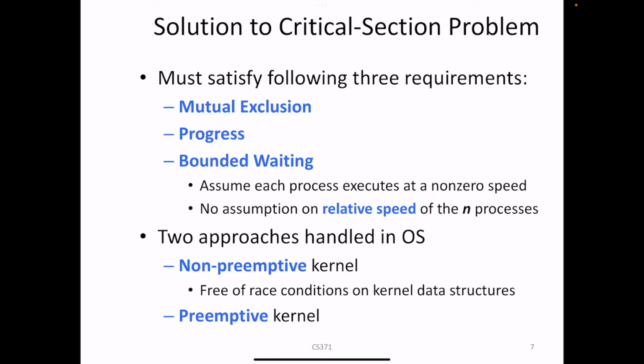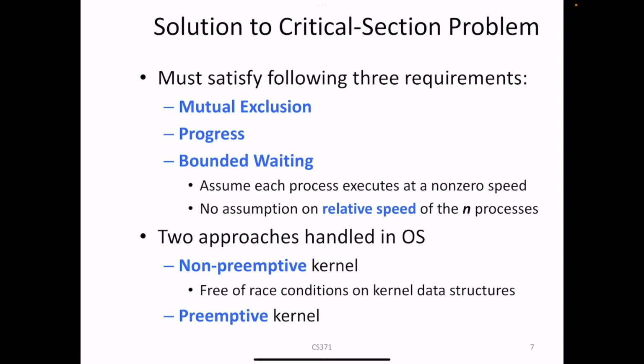On the other hand, there is no assumption on the relative speed of the n processes, which means we cannot assume which one is faster and which one is slower. Their speeds are totally random. As long as the number of processes waited for is bounded, that should be enough.